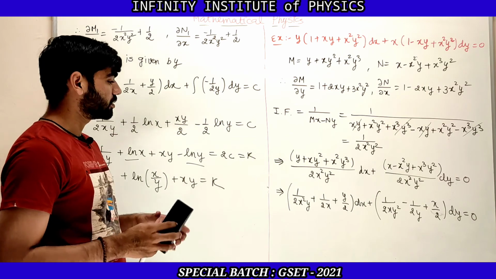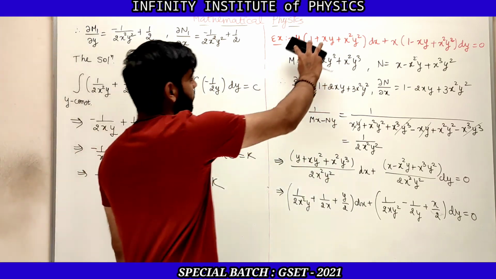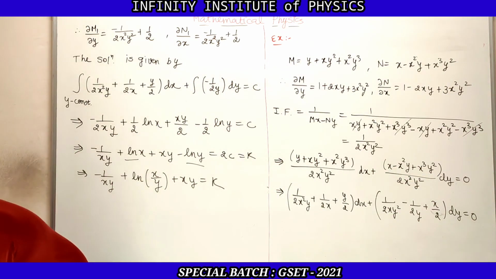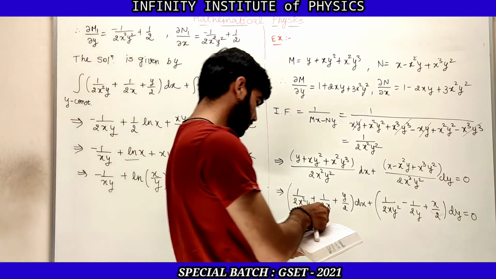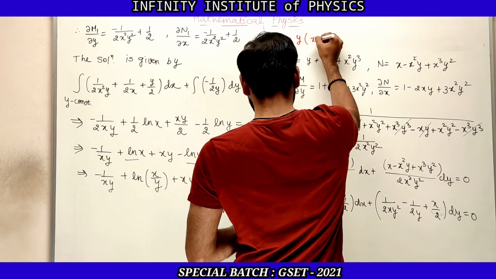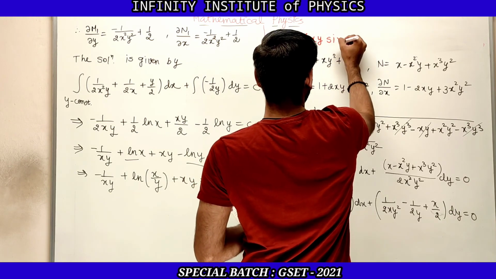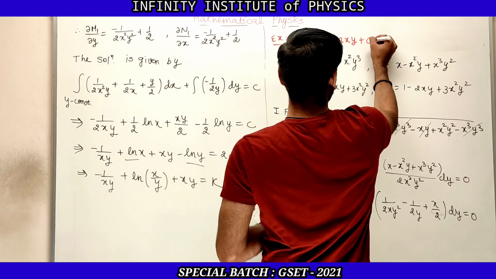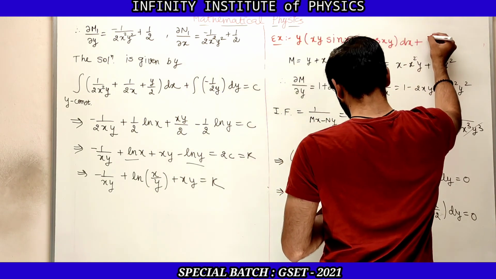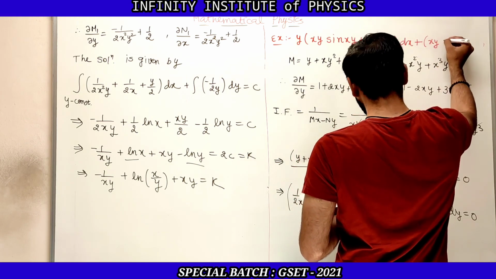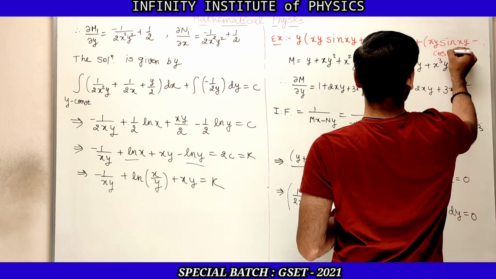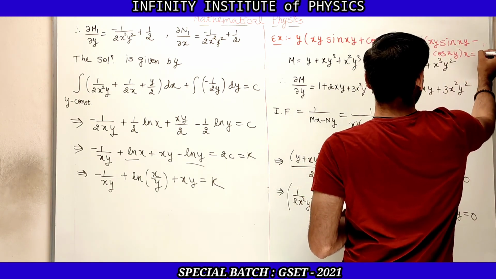And please note down the example which I am giving you for homework. Example for homework is y into (xy sin xy plus cos xy) dx plus x into (xy sin xy minus cos xy) dy is equal to 0.